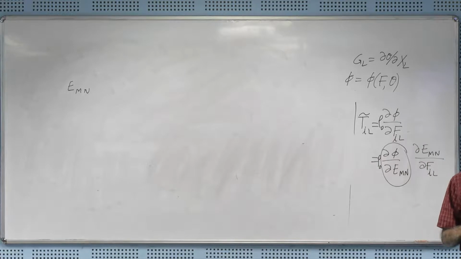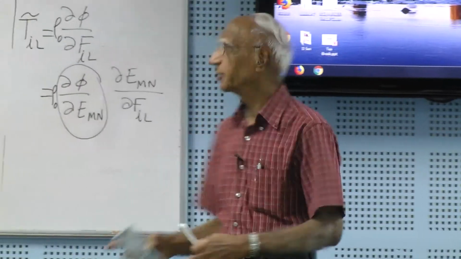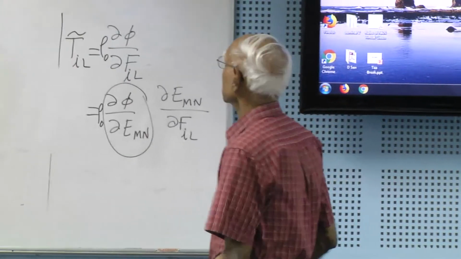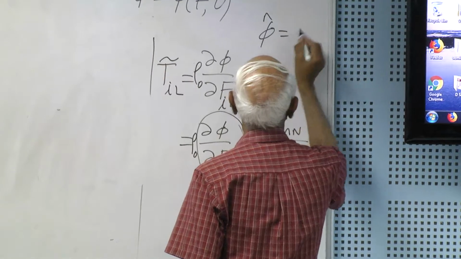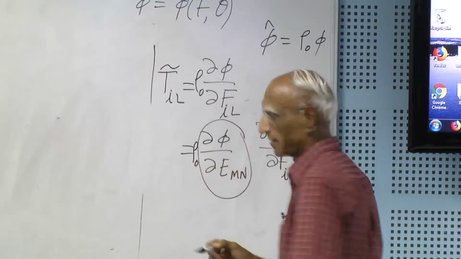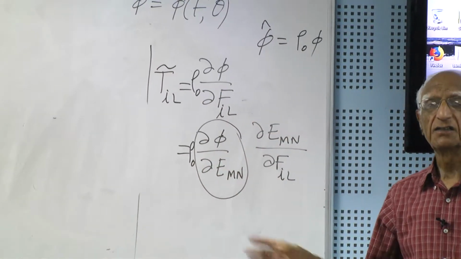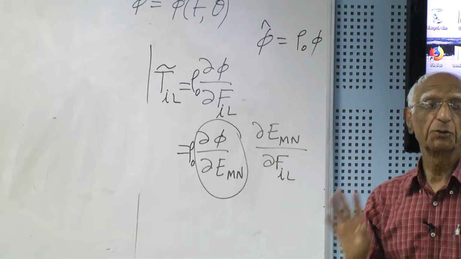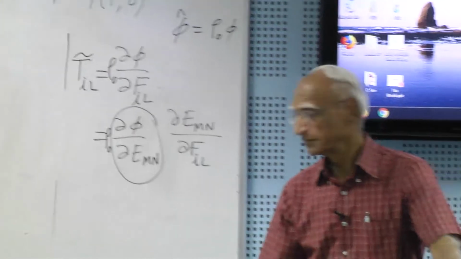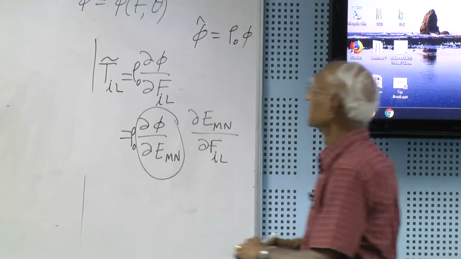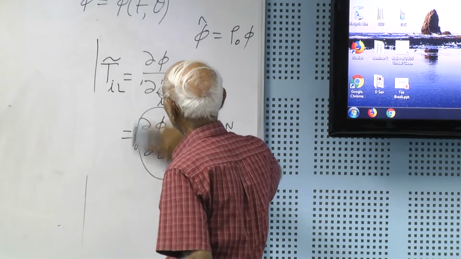But rho naught is the mass density in the reference configuration, so it's not changing. So to make life simpler, let's say phi hat equals rho 0 phi. Now it is Helmholtz free energy per unit volume rather than per unit mass. And if we do that, then I don't have to worry about this.